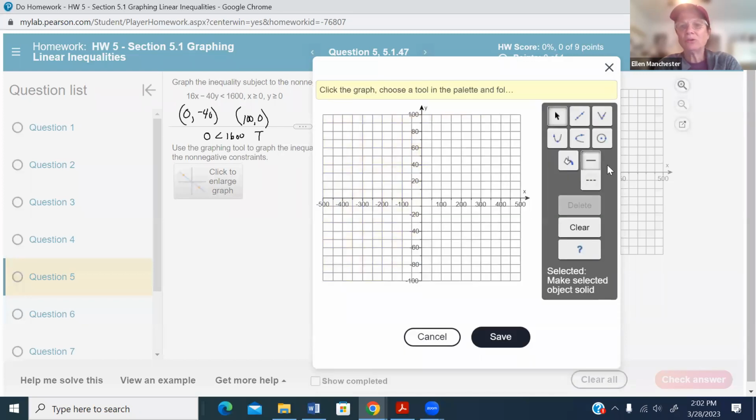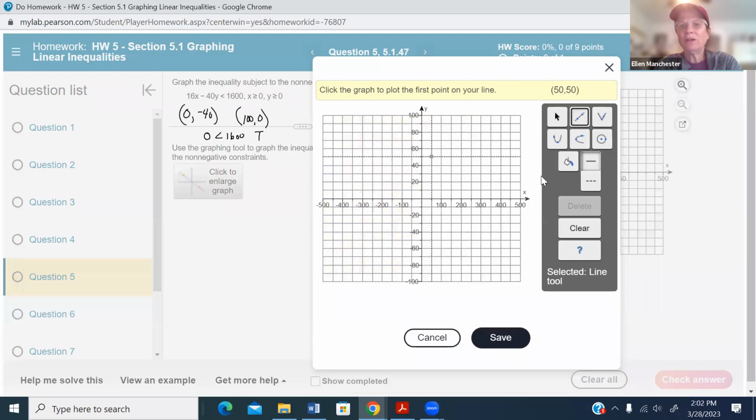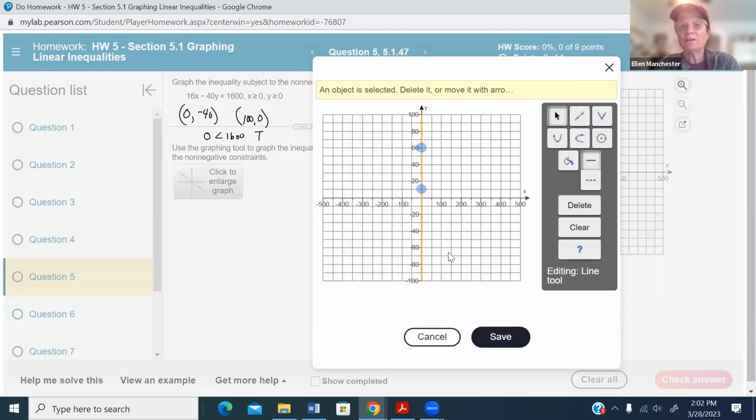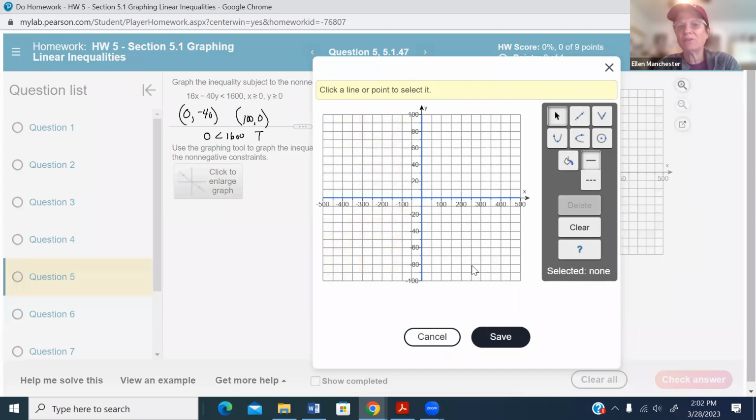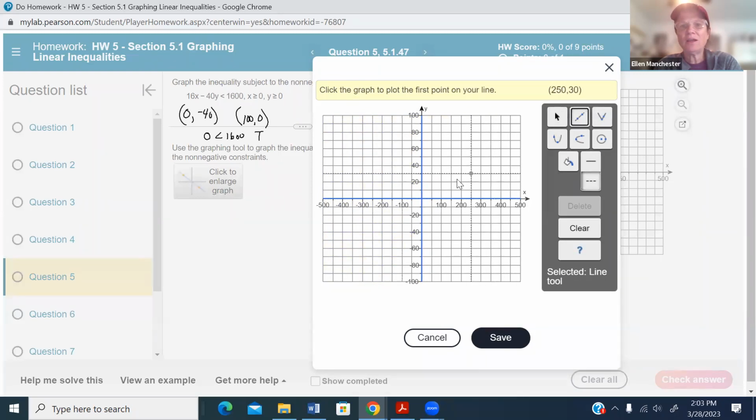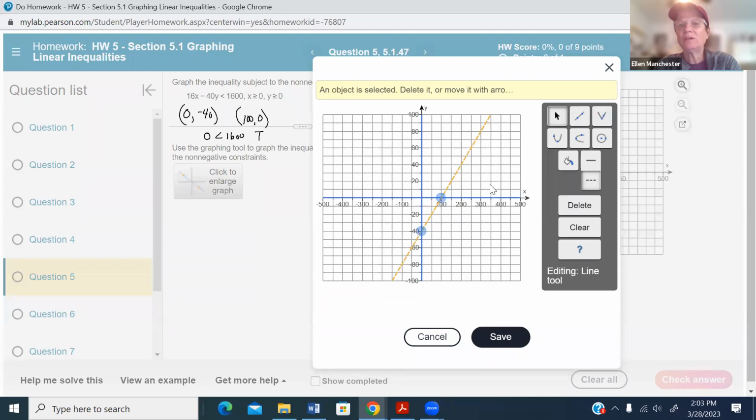We're going to pick up our line tool. It's got to be a solid line. Anywhere on the y, I make my vertical line, pick up the line tool, any 2 points on my x. Now I have my restriction. Now I'm going to pick up my dashed line. y is negative 40, x is 100.